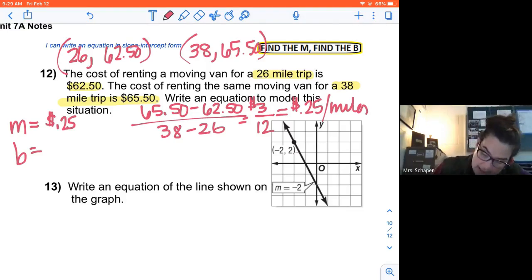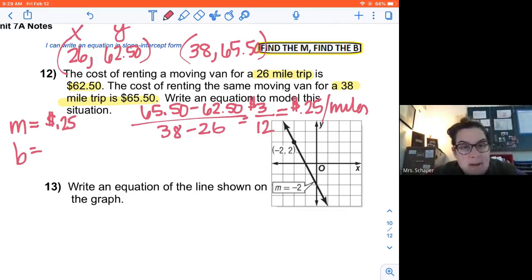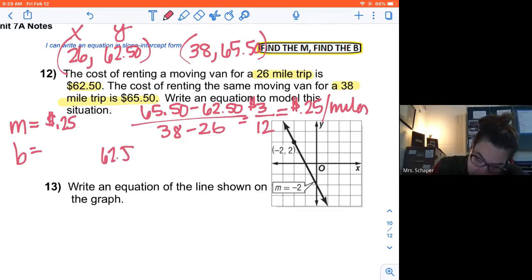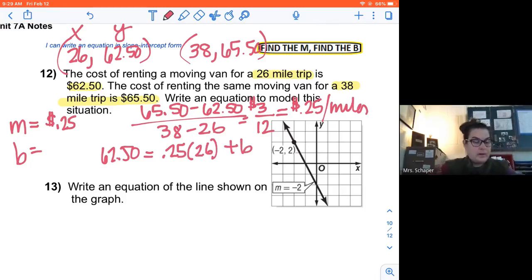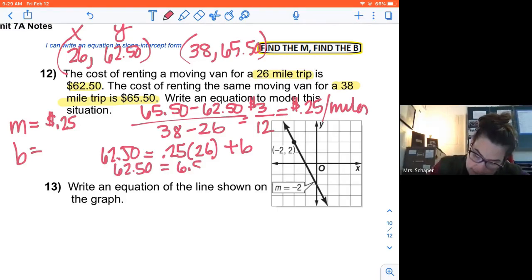So if that's the case, I'm going to take one of my X's, one of my Y's, and my M and solve for B. So $62.50 is equal to 0.25 times 26 plus B. So 0.25 times 26 is $6.50. So $62.50 equals $6.50 plus B. So my B is going to be $56.